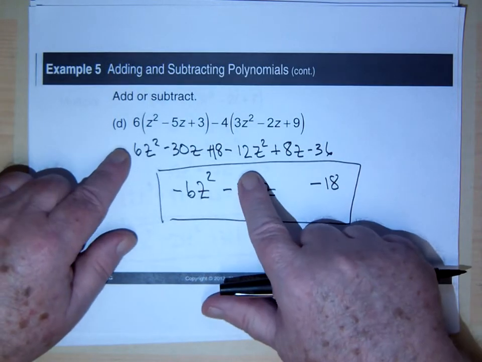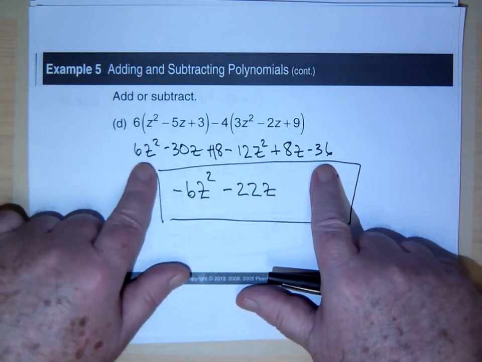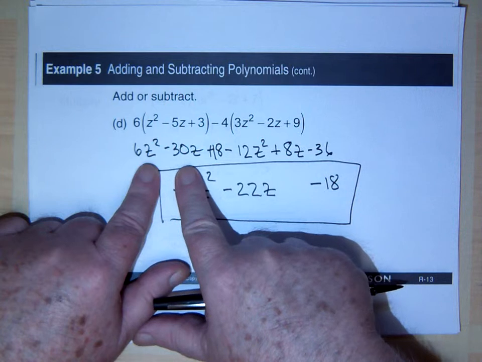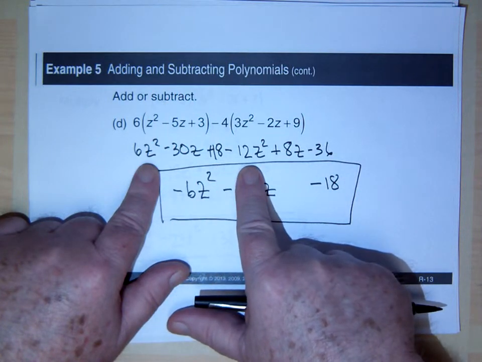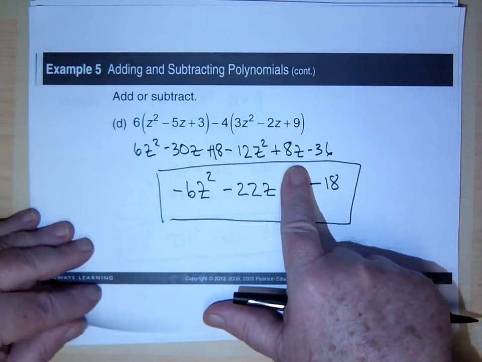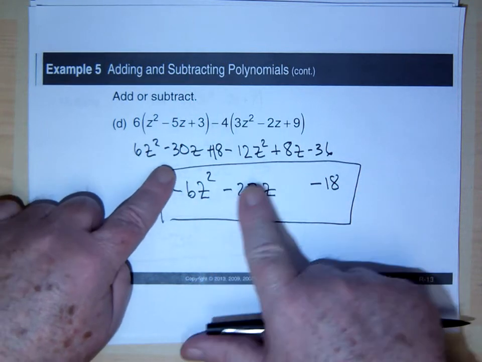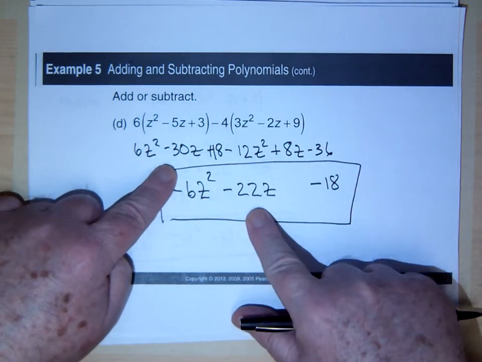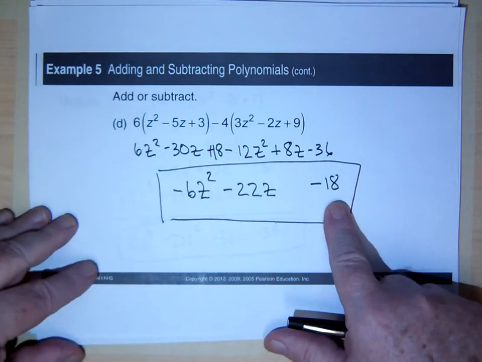Here I will distribute across, and so I will get 6z squared minus 30z plus 18. Here I will get minus 12z squared plus 8z minus 36. When I combine those, I get minus 6z squared. I'll get minus 22z, and I will get minus 18.